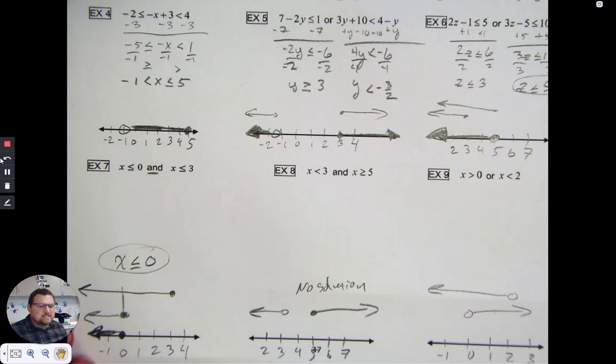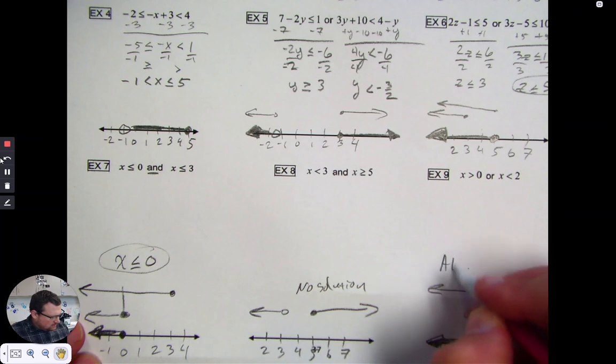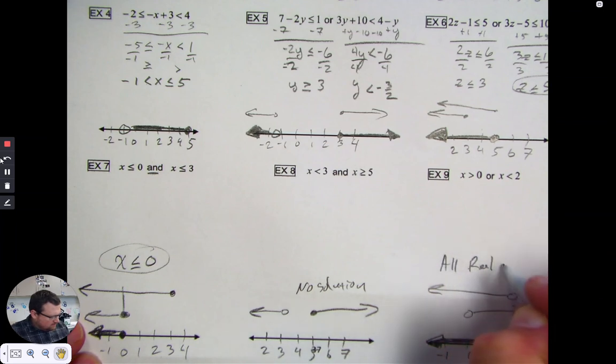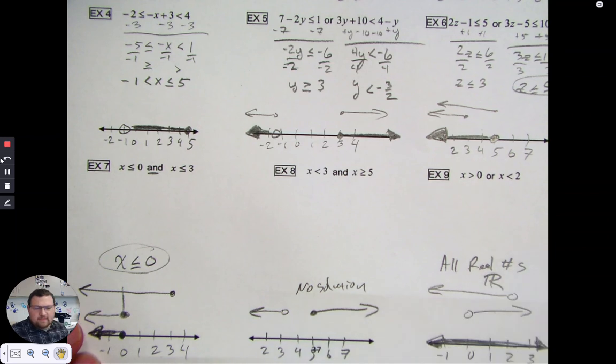Well, remember, this is a disjunction, or an OR statement, which means it only has to work for one or the other. So every single spot on this graph would work. So you just need to fill it in and darken the arrows on both sides. And then your answer would actually be all real numbers. Okay, or you could just write the R with the extra slash on it.